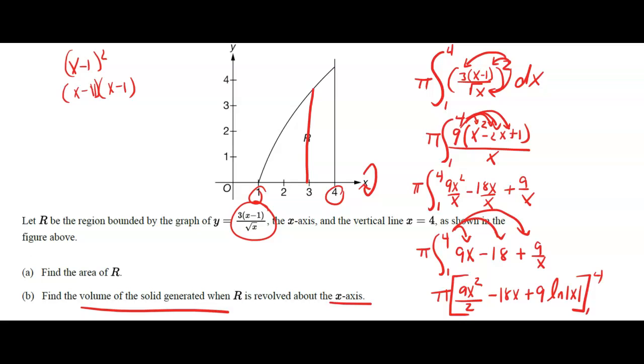And then we're ready to go ahead and plug in and solve. So we have pi, and plugging in our numbers, we get 9 times 4 squared over 2 minus 18 times 4 plus 9 times ln of 4, minus, and then we plug in the 1.